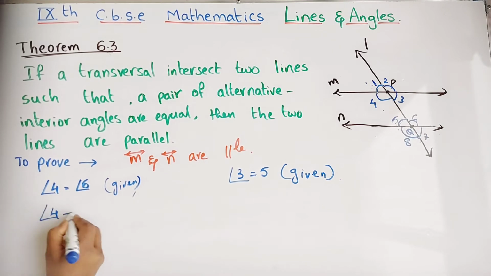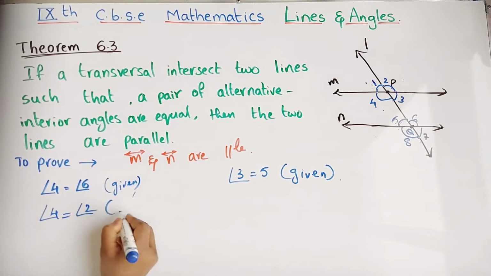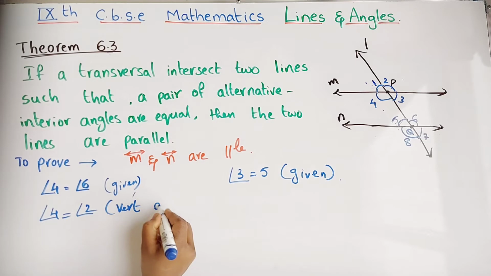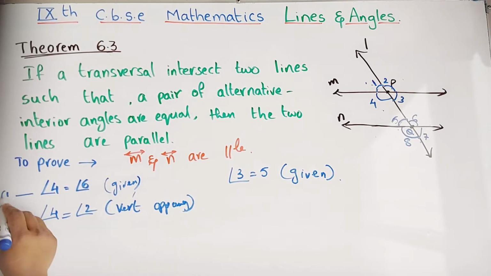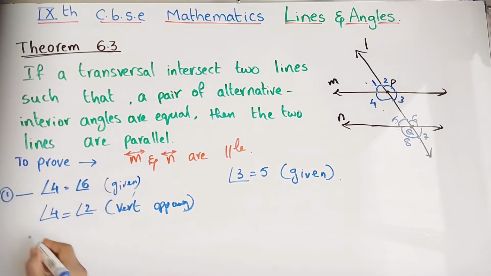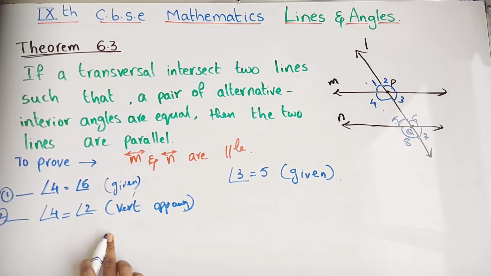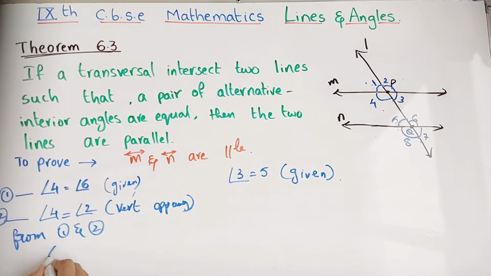Right? How? It is vertically opposite angles. So here first statement it is angle 4 equal to angle 6. Second statement it is angle 4 equal to angle 2. After seeing 1 and 2, we can say that angle 2 equal to angle 6.